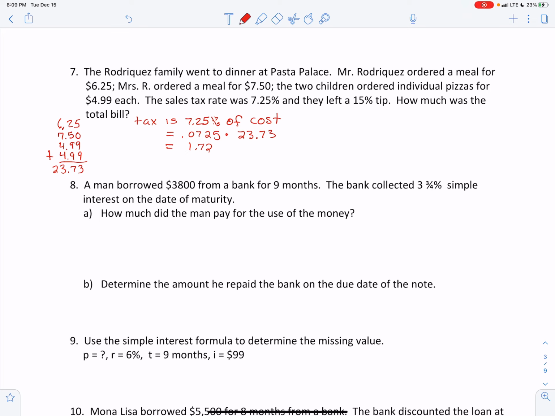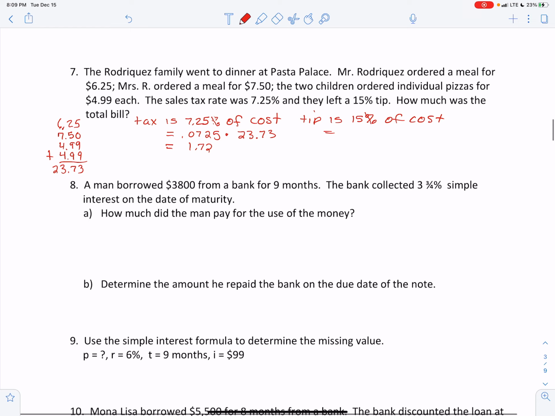Now the tip, they want to leave a 15% tip. So it is 15% of the cost. So it's equal to 15%. I'll drop the percent sign, either divide by 100 or move the decimal point from where it is 2 places to the left.